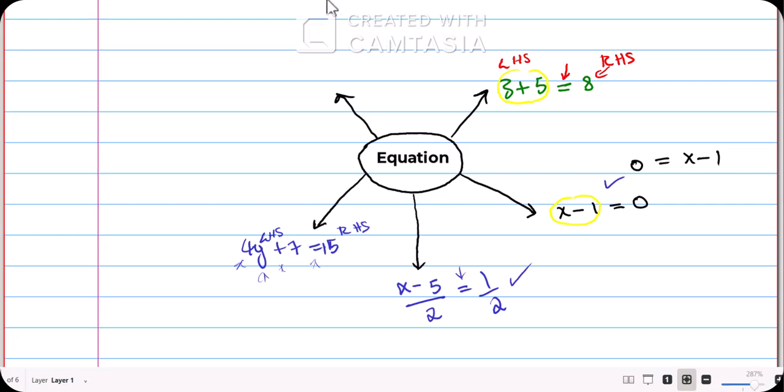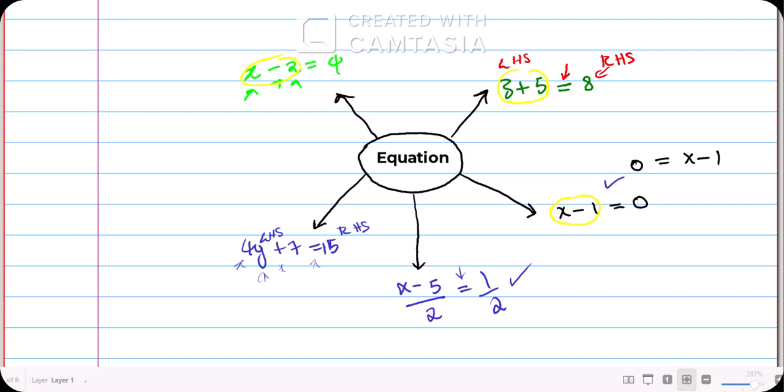So now we can consider the other example. Let's say we have x minus 2 is equal to 4. Now we have x, the minus sign and the 2. So this is an expression, and this expression is equated to 4.